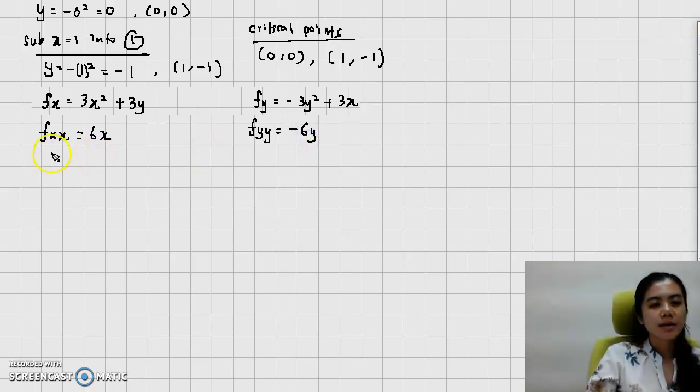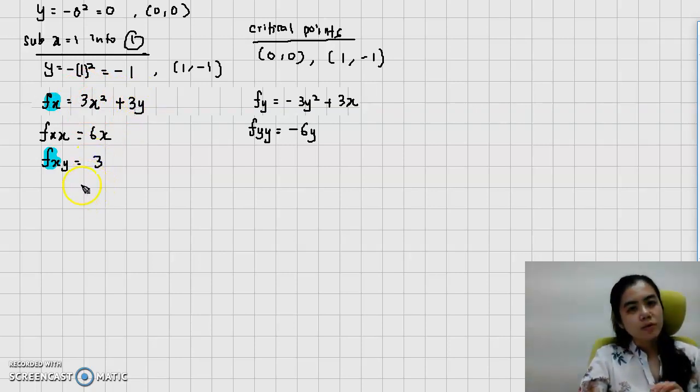Then the third will be fxy. This is actually reading the information from fx, and you differentiate with respect to y. So treat x as constant. So this is constant. Differentiate on this, so you have 3. Right.